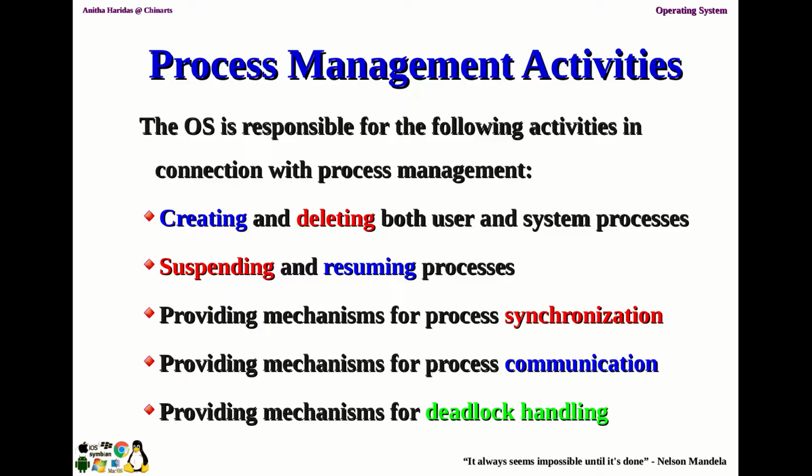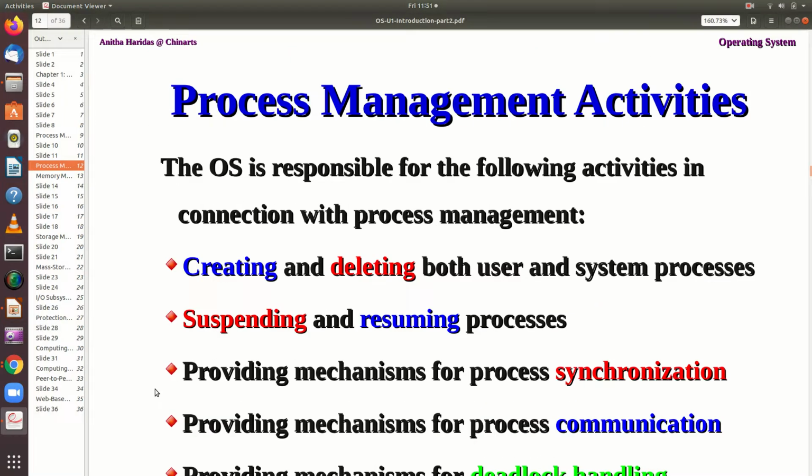When these processes request one resource at the same time and are waiting for the completion of another process, sometimes it happens like this. Let me show you an example.